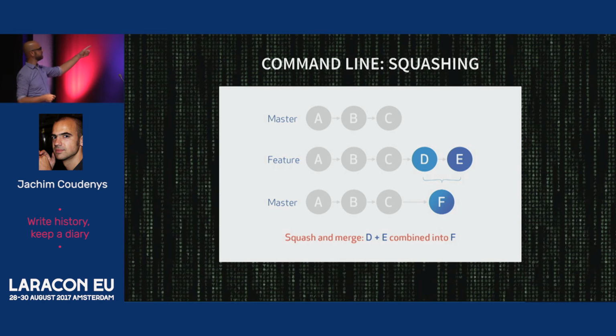So you have 2 commits D and E on your feature branch, and if you want to put it on master, you can just squash them together and put them as 1 commit in master. I'm not a big fan of that because you lose the nicely constructed Git commits that I just taught you how to create, and you just remove all the information and squash them together in 1 commit.